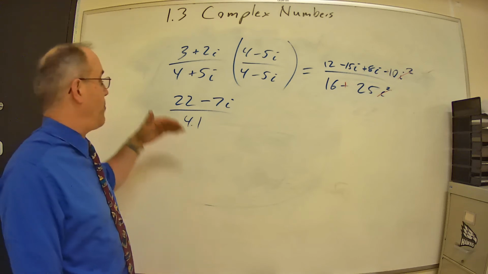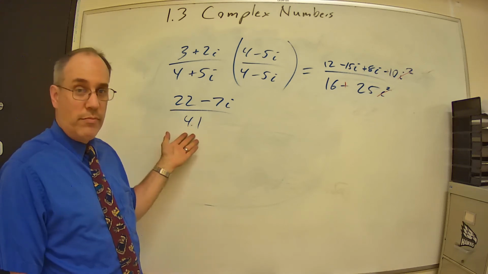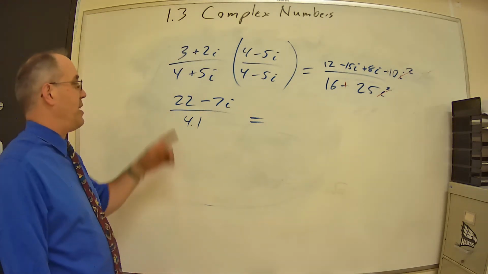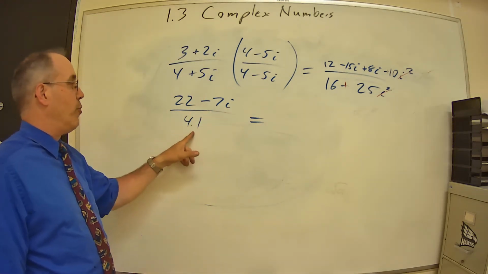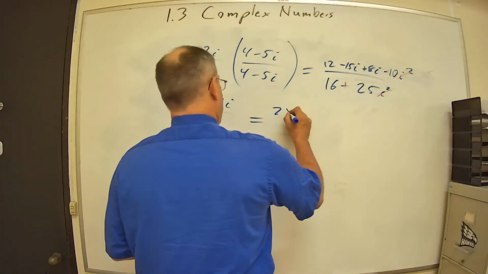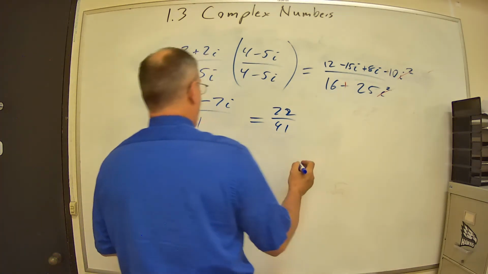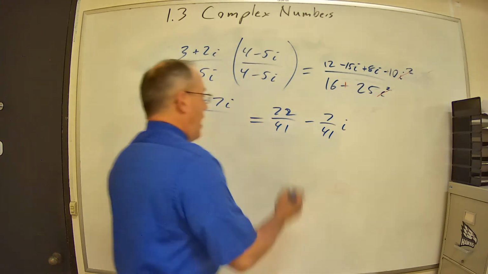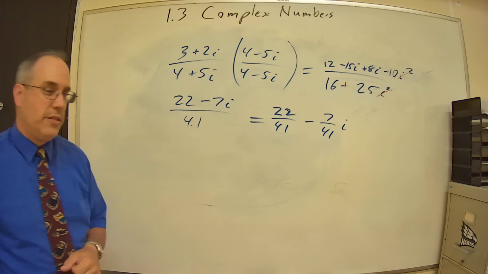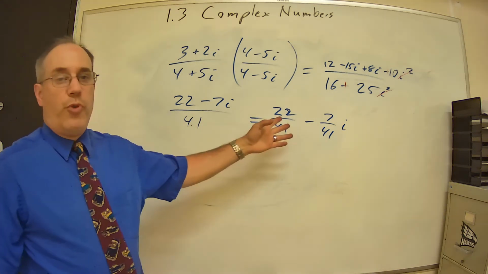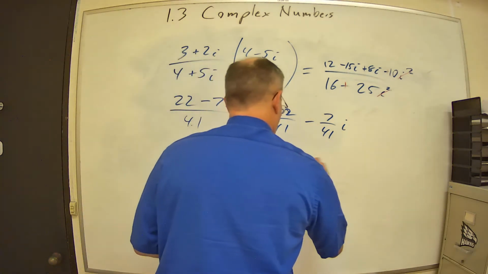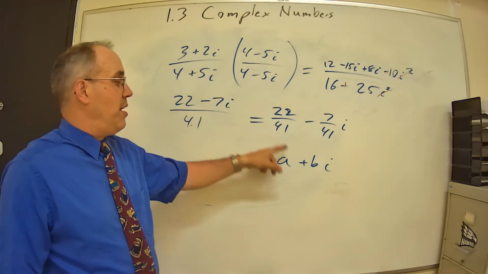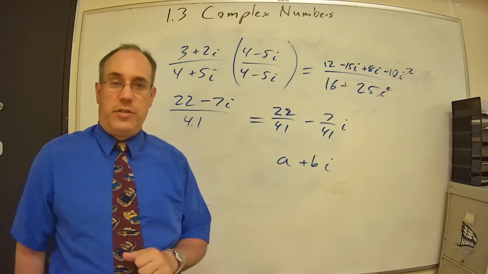And right now we have a complex number being divided by a real number. So this is where we can take one more step and say, okay, that's 22 minus 7i over 41, or that's 22 over 41 minus 7 over 41i. So that's written in the form a plus bi, where a is 22 41sts and b is negative 7 41sts.